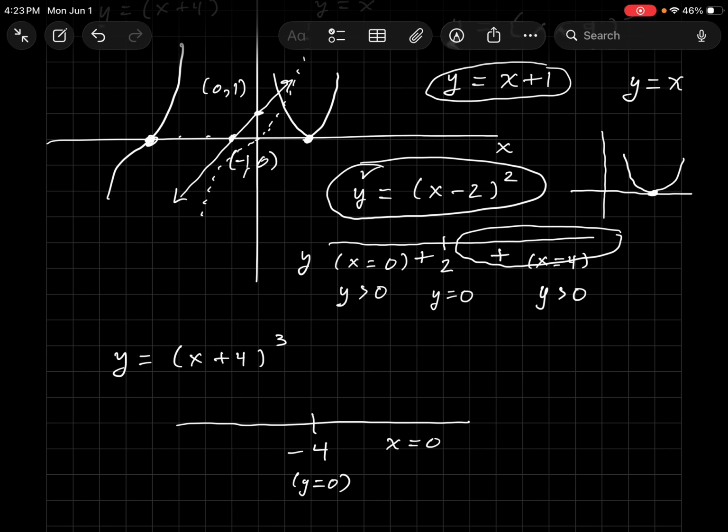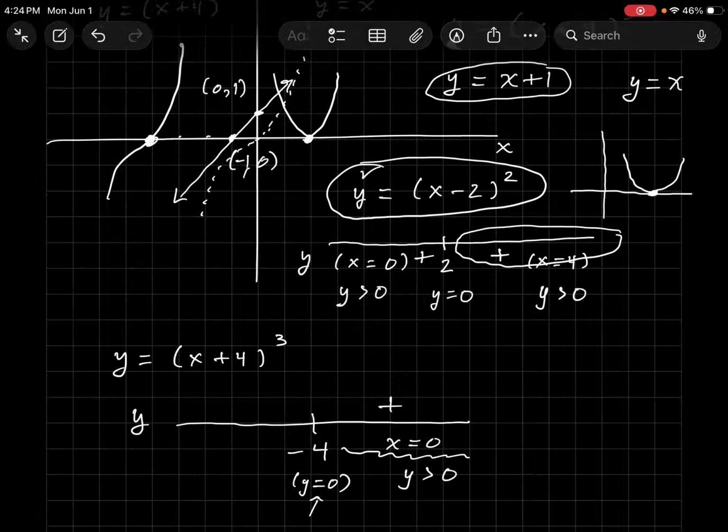And notice how we get 0 plus 4, 4 cubed, and all I really care about is that y is positive. I put it above the line here. It doesn't really matter where you put it, just so you can see it and know what's going on. That means for any x value greater than negative 4, y has to be positive, because y can only change signs at the 0.